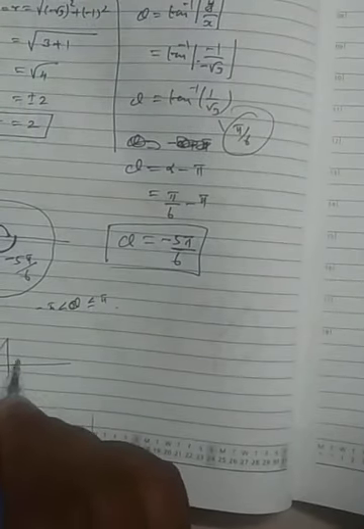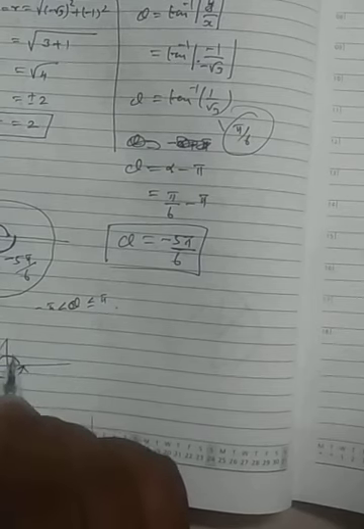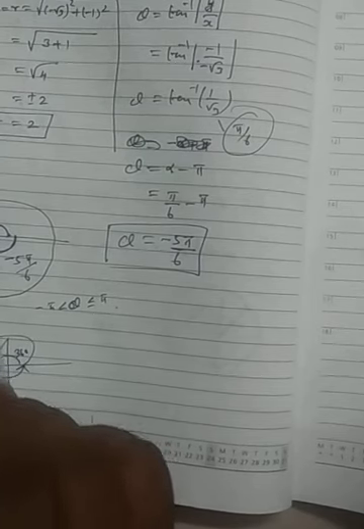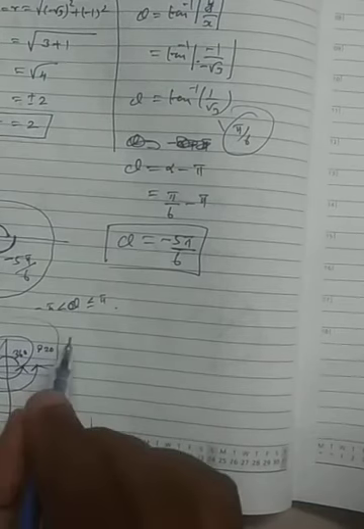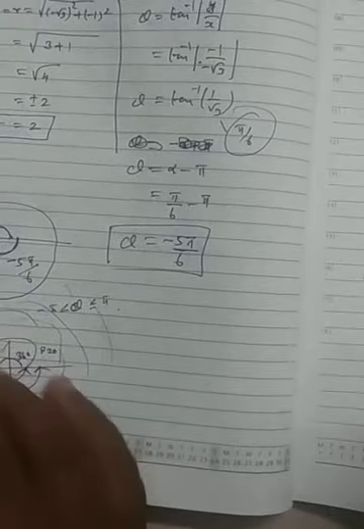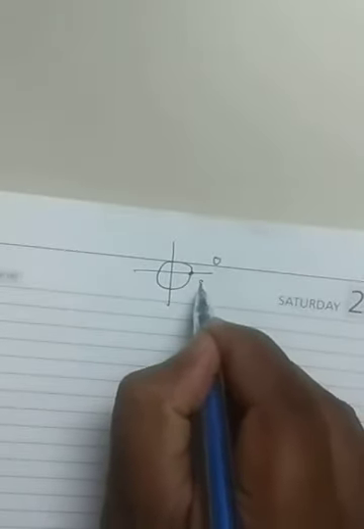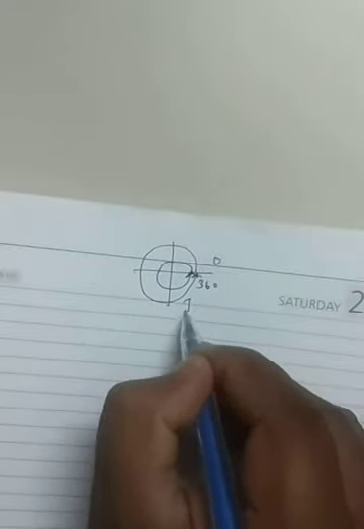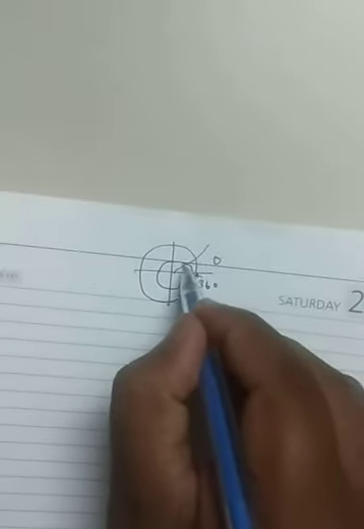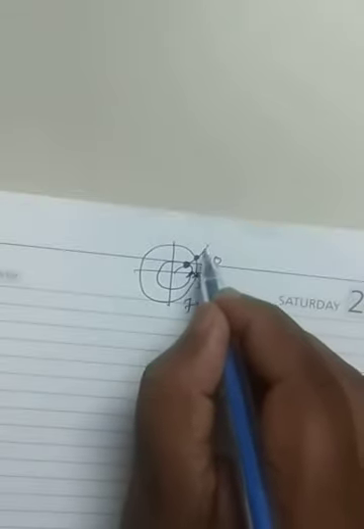If you take 720, it rotates again, one more circle. Likewise, you can draw any number of circles. Let me explain one more time. If I have 0 degrees here and rotate, this is 360 degrees one time. If I start again and rotate, it is 720 degrees. But the line is at the same position, so the value is the same.